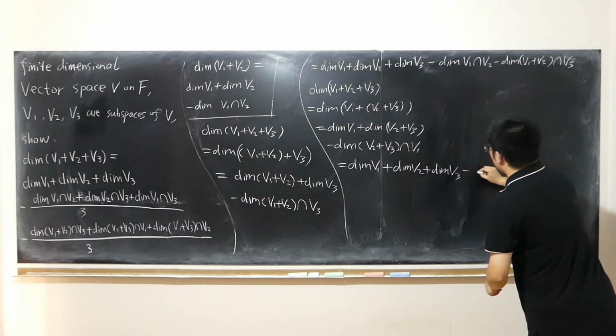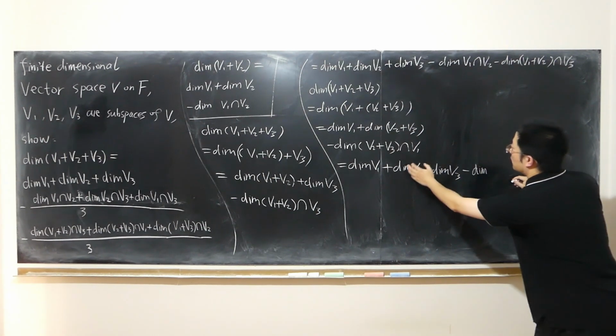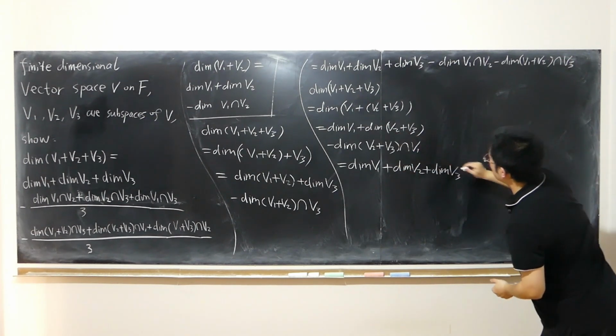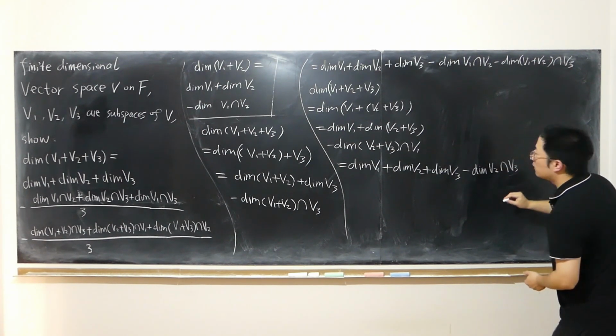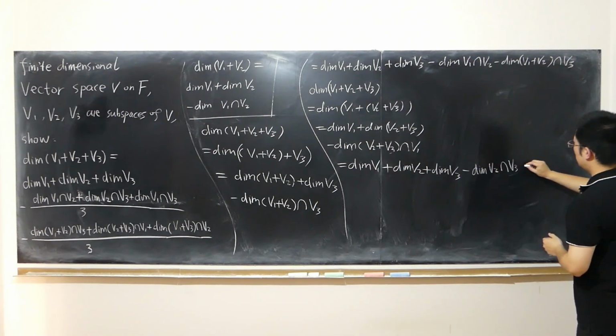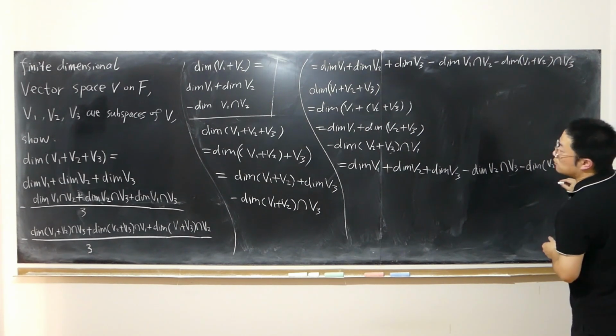We have to minus the dimension of V2 intersects V3. All right, we're going to have to copy down this part. Minus the dimension of V2 plus V3 intersects V1.